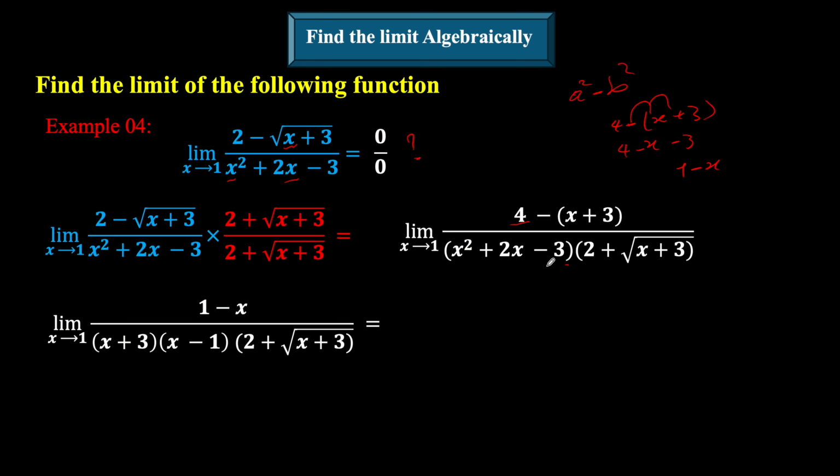Then here we have x squared plus 2x minus 3. We look for two numbers. When we multiply them, we have to get minus 3. And when we add them, we have to get 2.